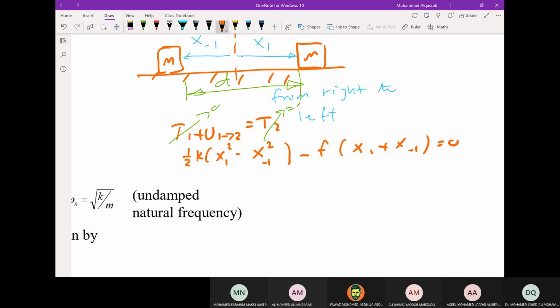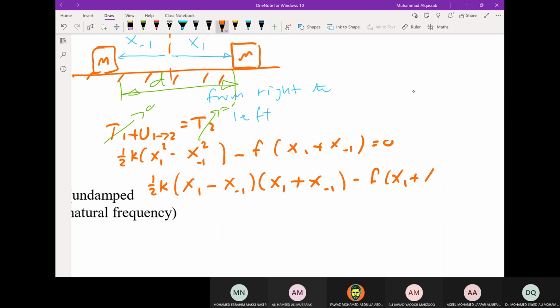Equal to 0. This we can factorize, the first bracket. So this would be 1 over 2 k times x of 1 minus x of minus 1 multiplied by x of 1 plus x of minus 1, right? We can do this. Minus f times x of 1 plus x of minus 1 equal to 0.